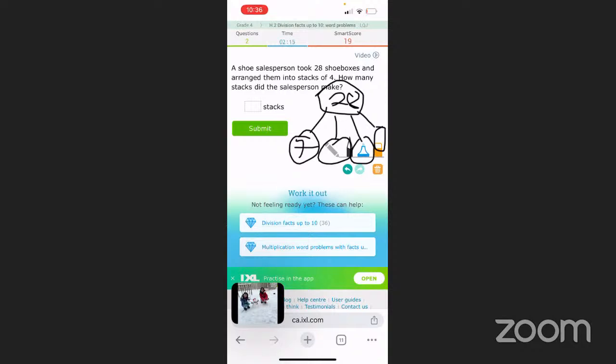So 28 divided by 4 is, can you tell me what is 28 divided by 4? Because they're saying he divided them into 4 stacks. 7, right? So 7 will be in each. This box will have 7. This box will have 7. This box will also have 7.